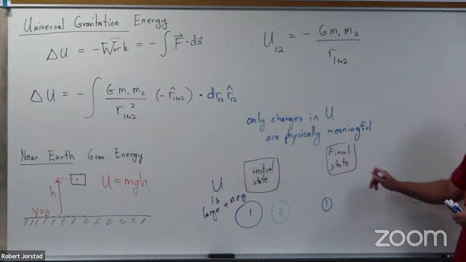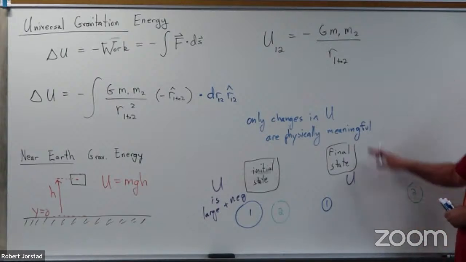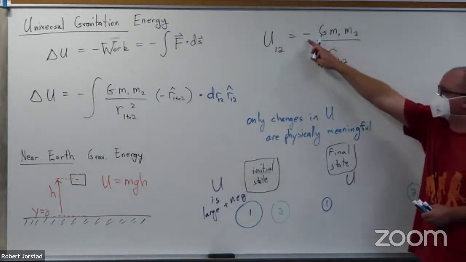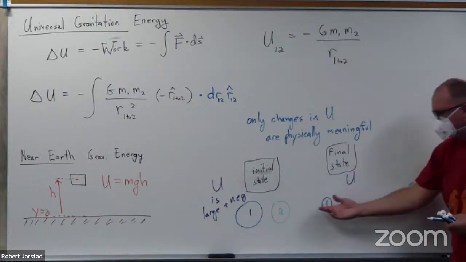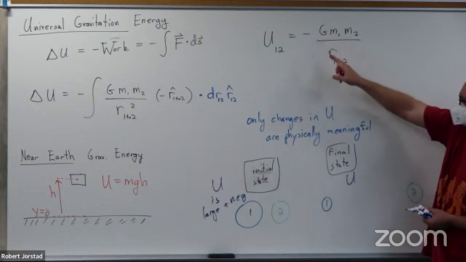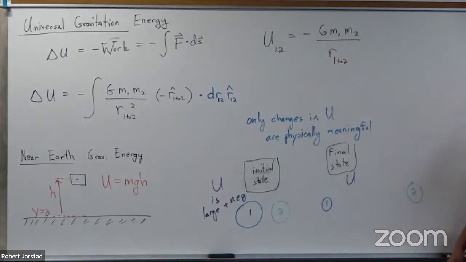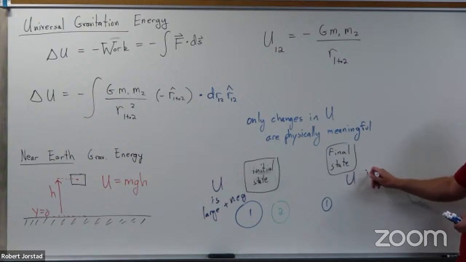What's going to happen to U? Is it still negative? If we knew all the numbers and you plugged them in, mass is positive, the constant's positive, the distance is positive. Are we still going to get a negative number? Yeah. Is it still going to be large or is it going to be smaller? Smaller, right? The denominator's bigger.